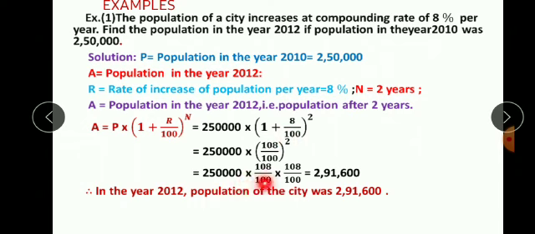So multiply 2,50,000 with 108 upon 100 into 108 upon 100. The value comes as 2,91,600. This is the population. In the year 2012, the population of the city was 2,91,600. In this way, we can calculate the amount.